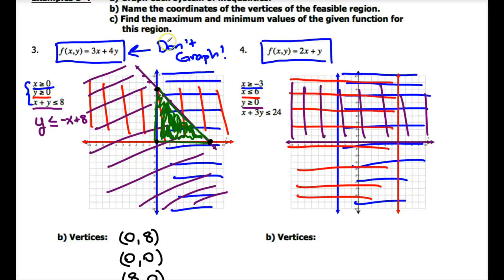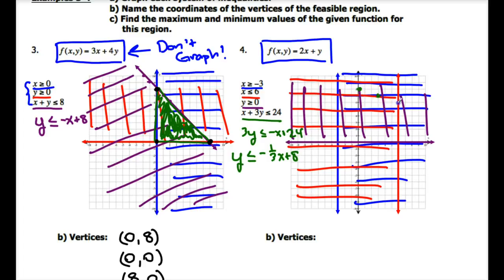And then finally, we have the inequality x plus 3y is less than or equal to 24. So in slope-intercept form, you subtract x from both sides, you get 3y is less than or equal to negative x plus 24, and so y is less than or equal to negative 1/3 x plus 8. So this one will have a y-intercept at 8 and a slope of negative 1/3.